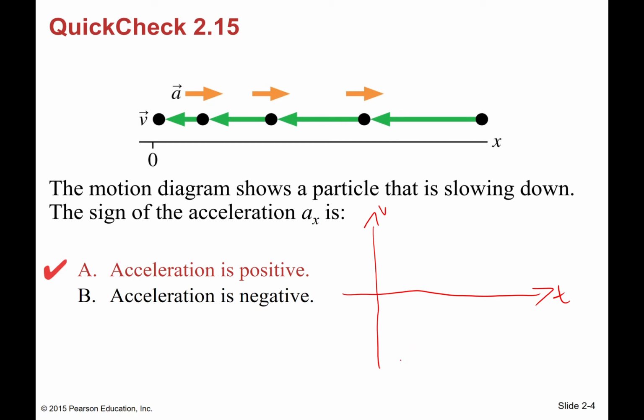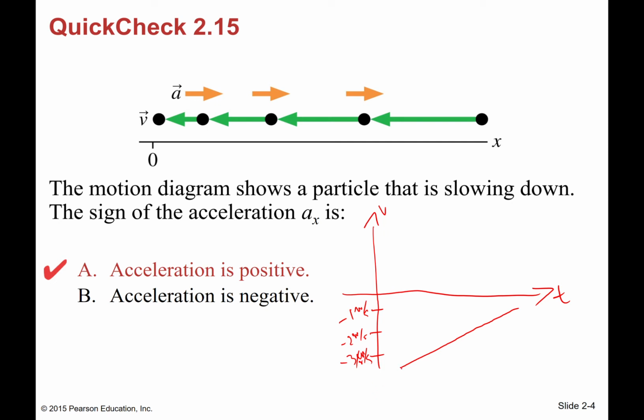It is slowing down, so it's going from a higher speed. For instance, this would be -1 meters per second, this would be -2 meters per second, this would be -3 meters per second. So as you go down, you're going faster, but your velocity becomes more negative.